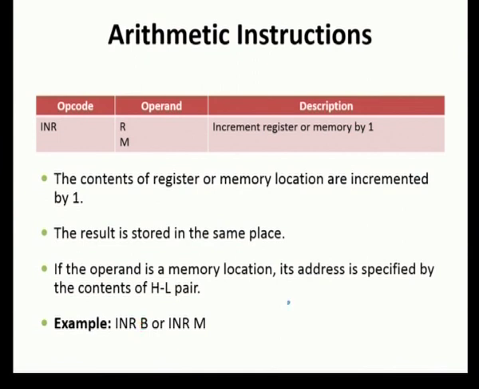The notation is B plus 1. Suppose B is 30; after executing, the new value becomes 31. Either you can increase the register value, or you can increase the memory content by using the INR M instruction.